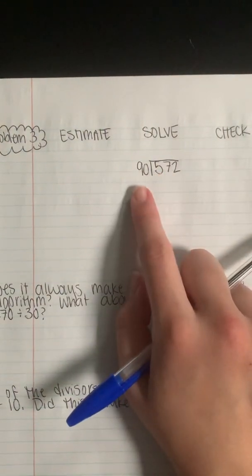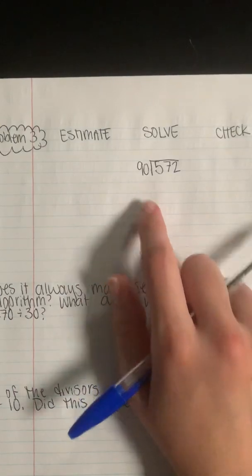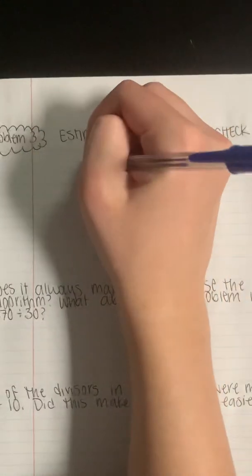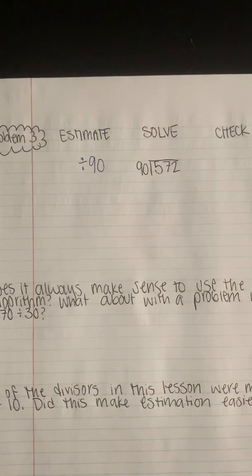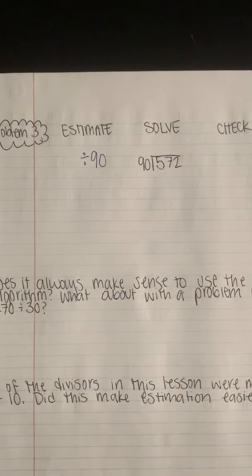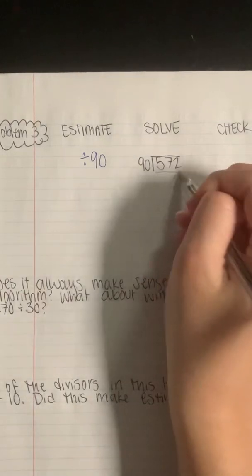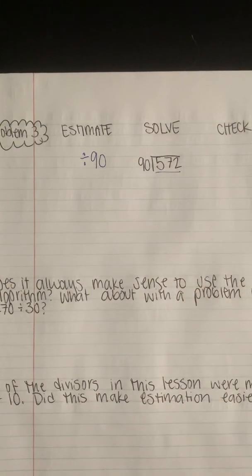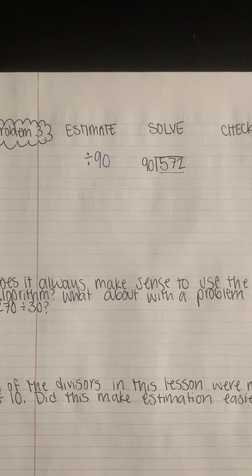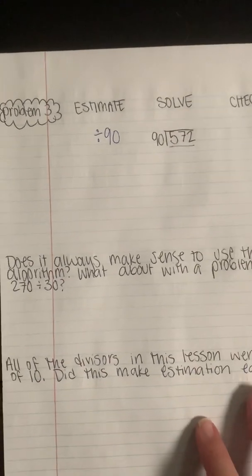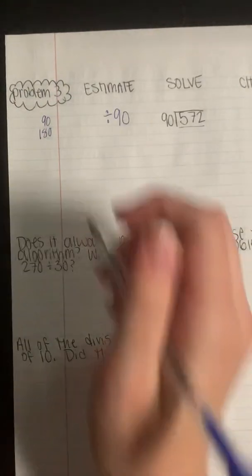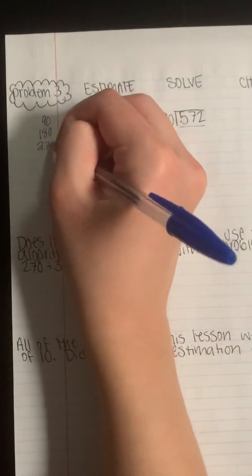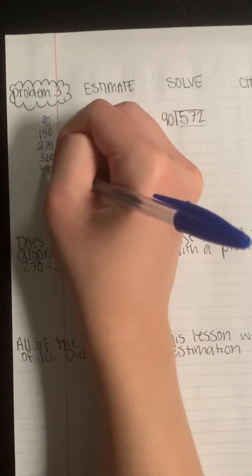Okay, so we'll do one more that is just like this, only the numbers are a little bit bigger. So now we have a 3 by 2. We're trying to make groups of 90 in this problem. So I'm thinking, what multiple of 90 is closest to 572? That would make this division easy. So I would need to list out 90 times 1 is 90, 90 times 2 is 180, 90 times 3 is 270, times 4, times 5.